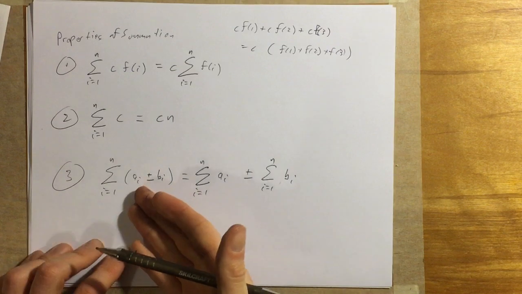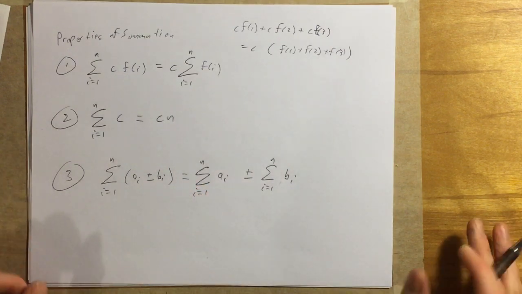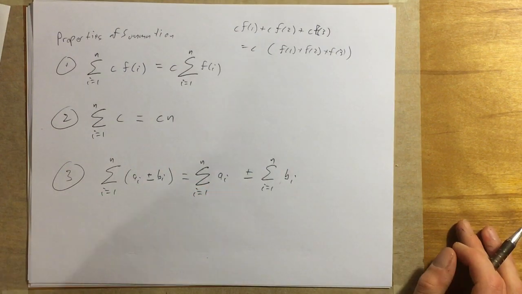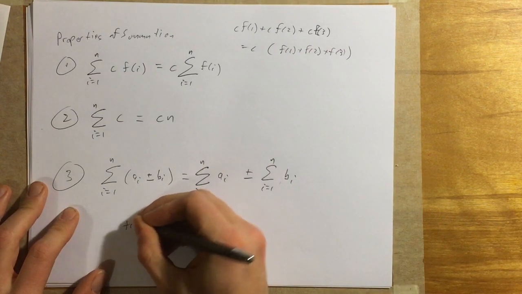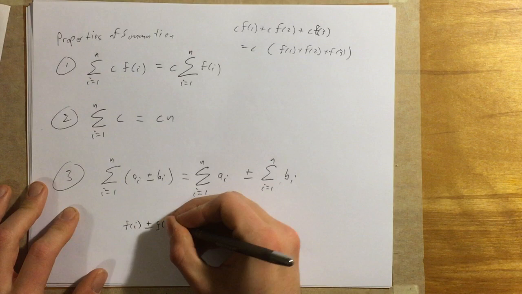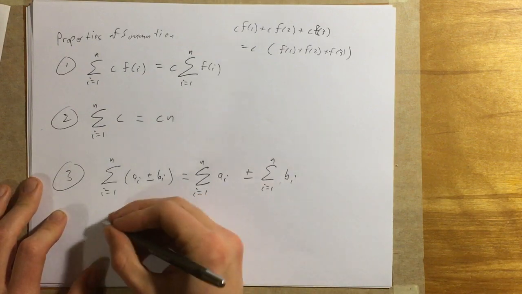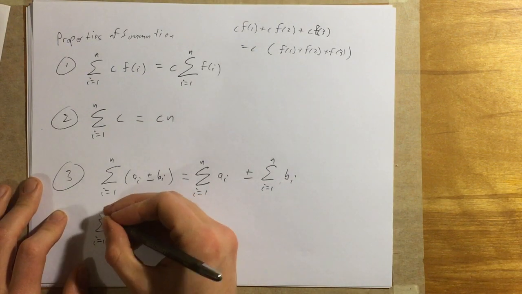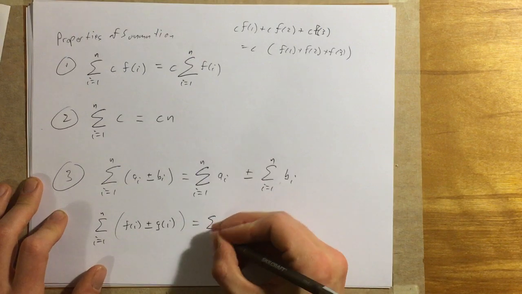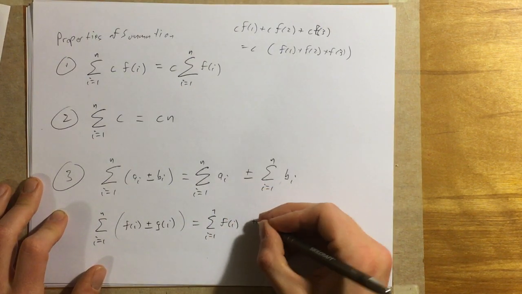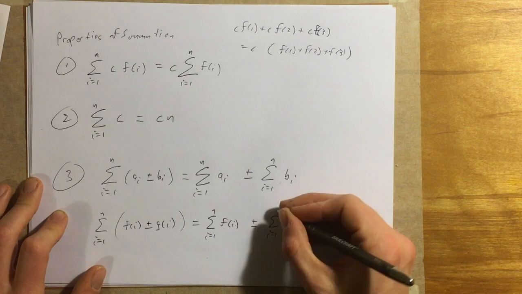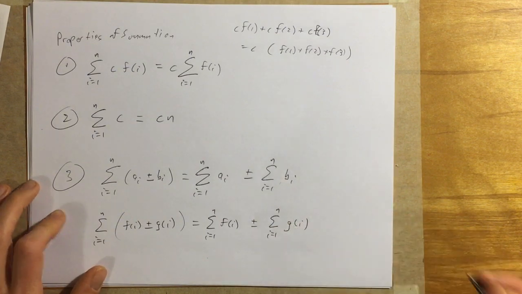There could be f of i and g of i, exactly the same thing. Doesn't really matter what notation you use. So maybe it makes more sense to you if you don't remember working with sequences back in college algebra. If you're more comfortable with the function notation, then it would be something like this. Yeah, it's the same thing.